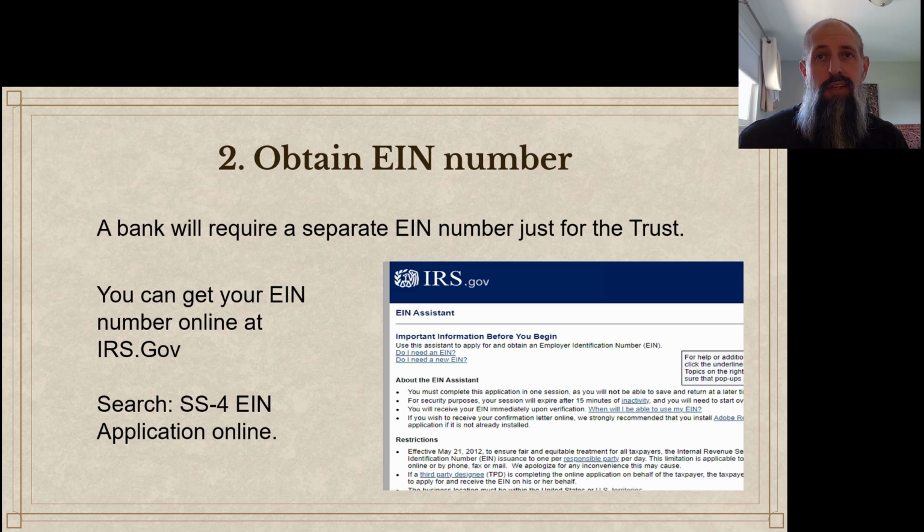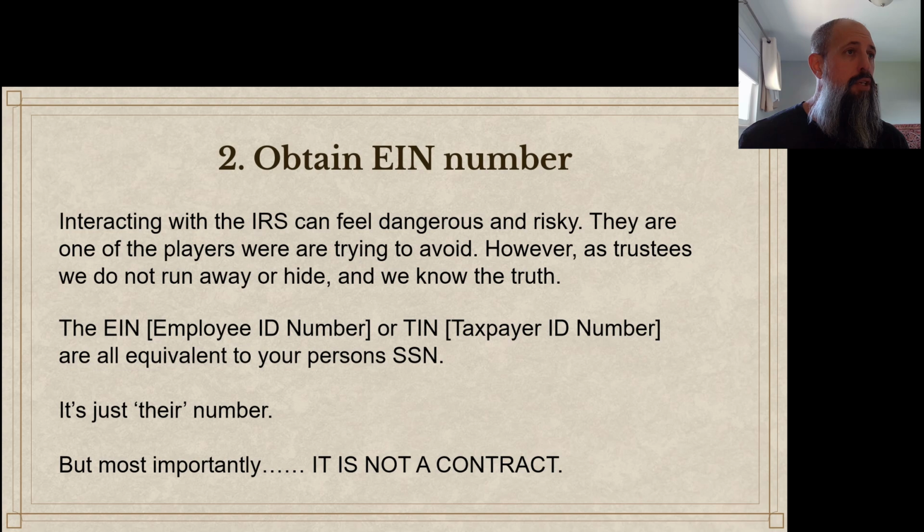And since they're trying to convince you to be the person, you think that social security number is for you. It's not. It's for your person. And your EIN number is going to be for your trust. And if you ever decide to open a LLC or some kind of business that's owned by the trust, that entity will have to have a separate EIN number as well. So we're going to get into the application to get an EIN, real easy.